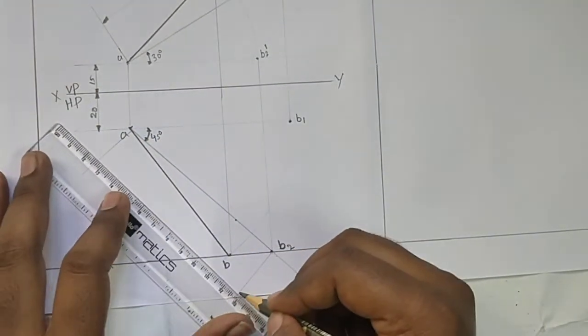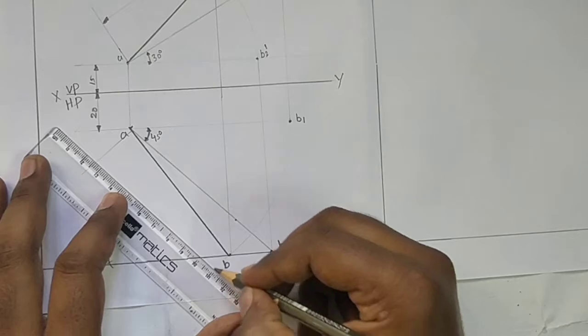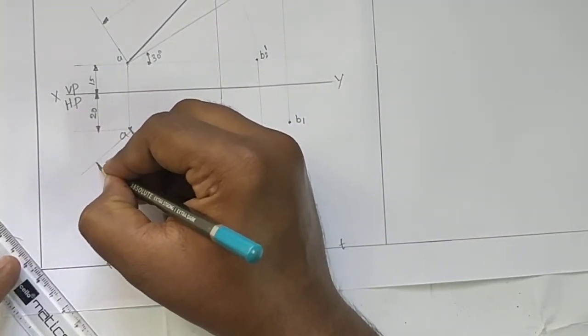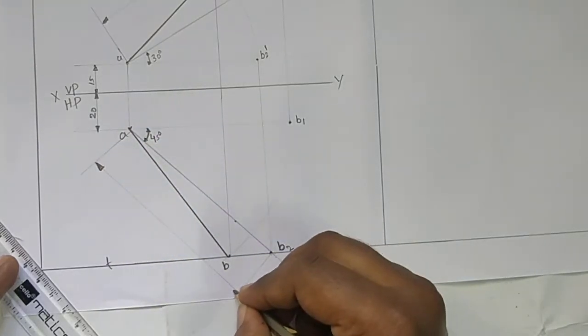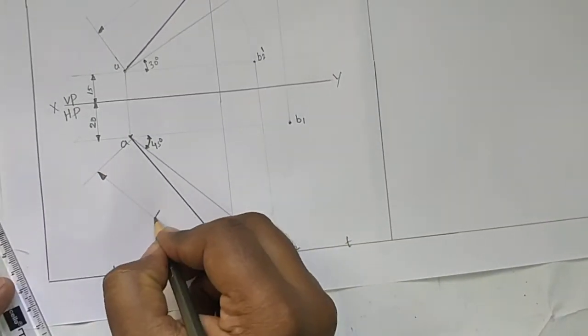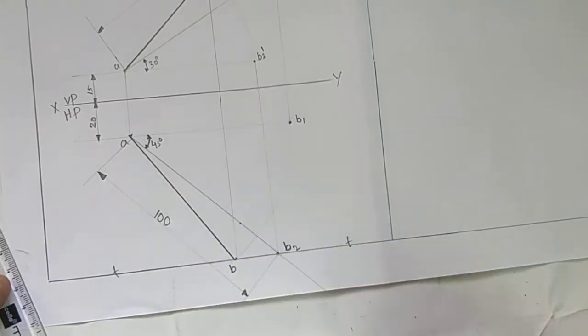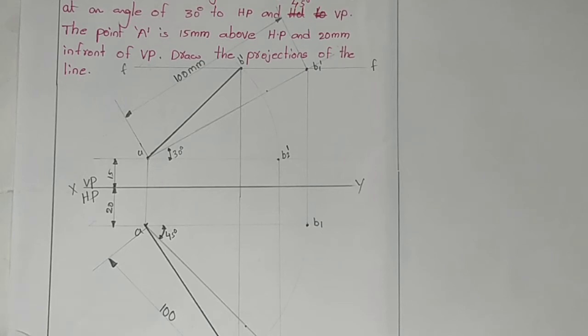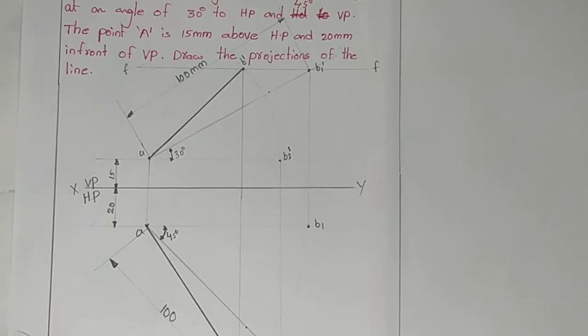This line also is 100 mm. Okay, like this we need to draw the projection of a straight line when inclined to HP.